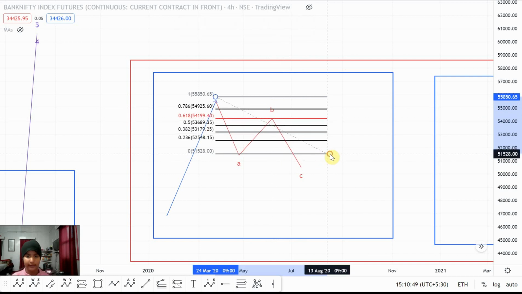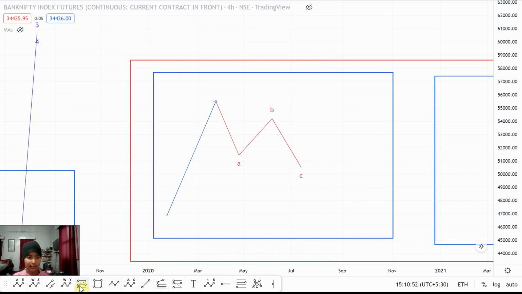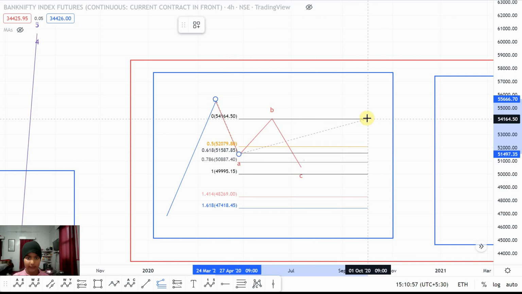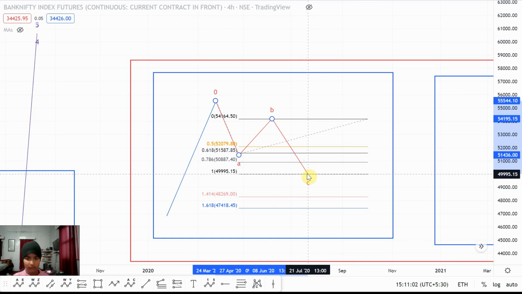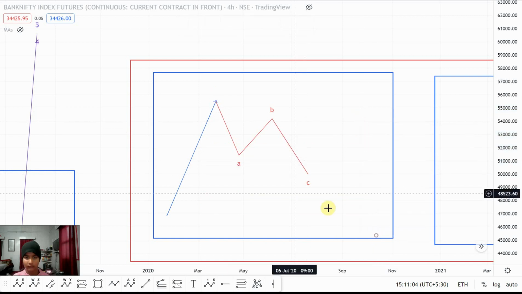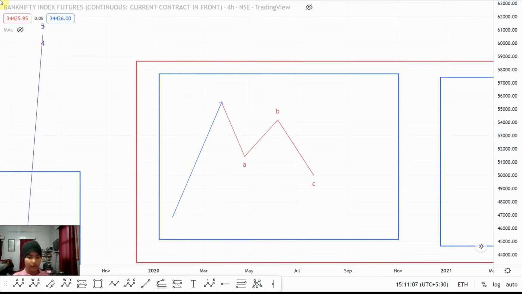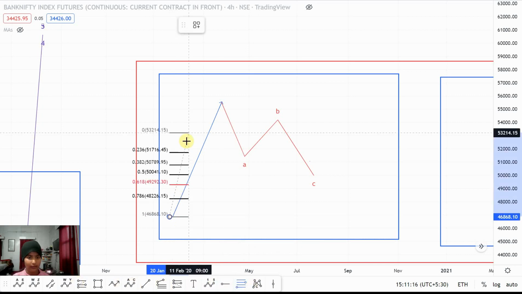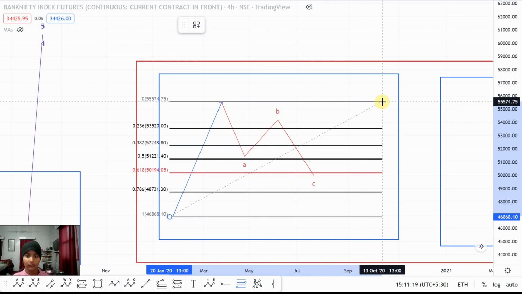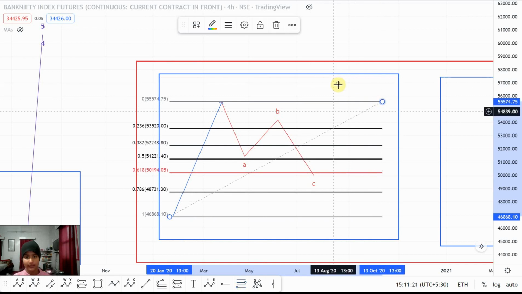B at our golden ratio level, and our C wave, let's put it at 1. And now let's see where our impulse and this correction has come by putting a fib.